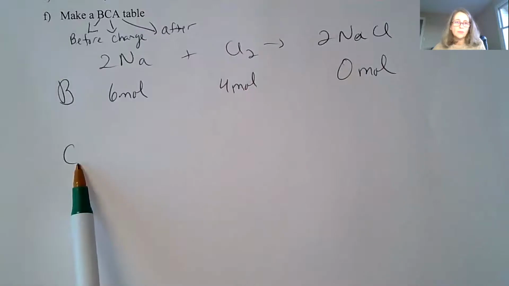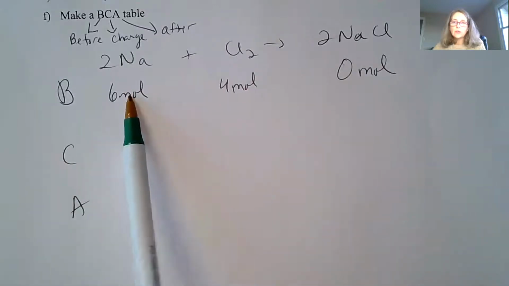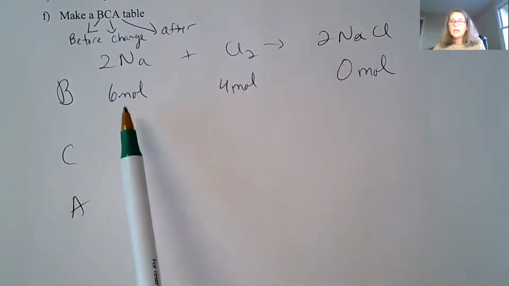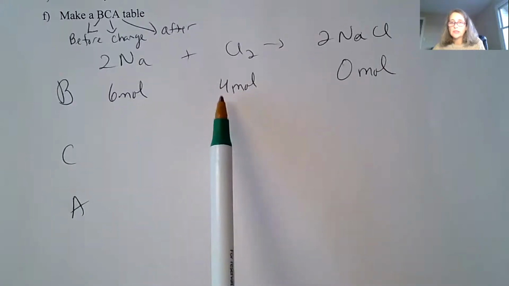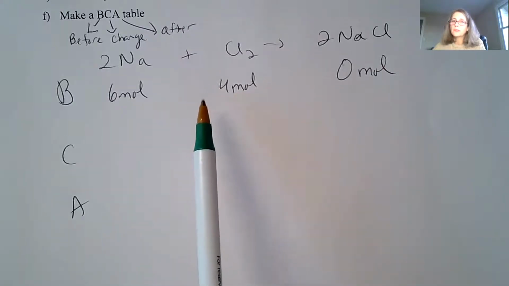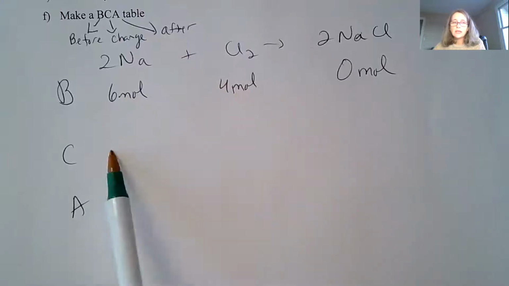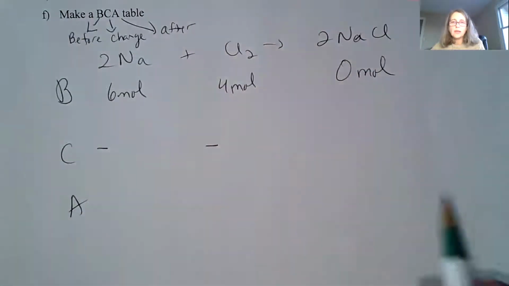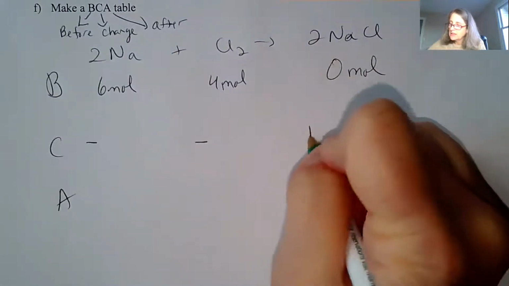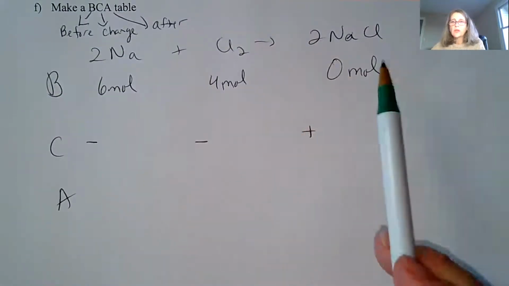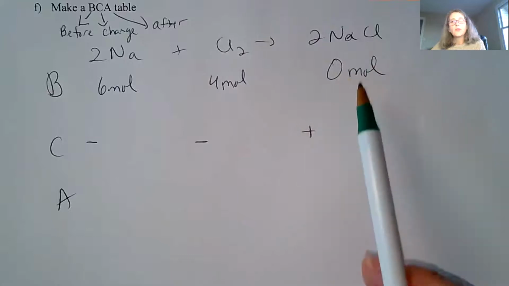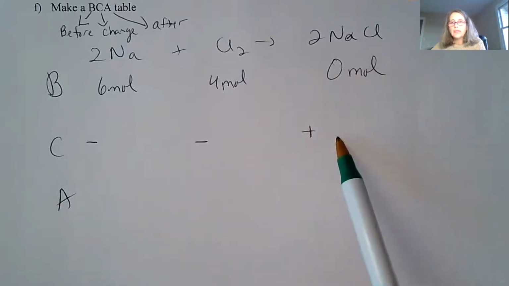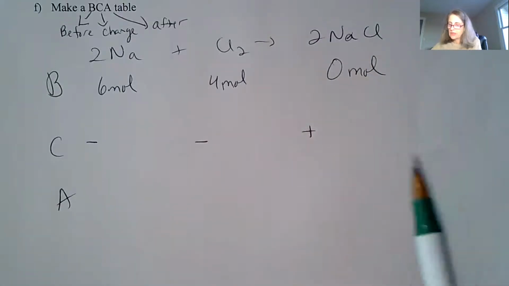Then change happens. So I have to take the sodium and the chlorine, and the chemical process needs to take place. Bonds are broken, bonds are made. And so on this side of the reaction, you're going to take away from those moles and make sodium chloride. And on this side, it's going to be a positive. So this is not math class, so I'm not subtracting from 0, I have to be adding to 0 on this side.